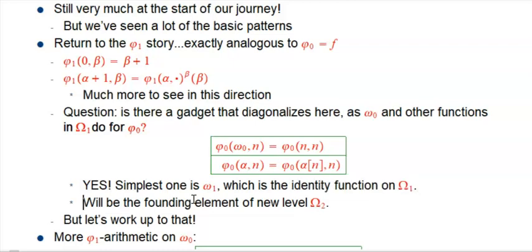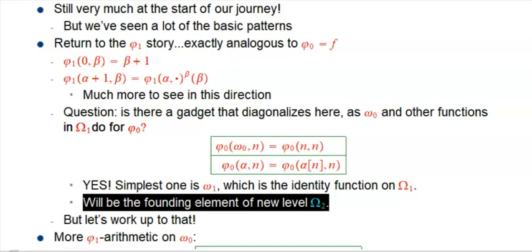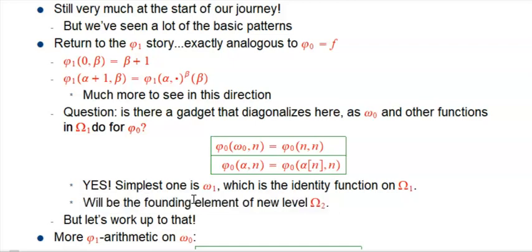It turns out that's going to be the founding element of a new level of gadget called big omega 2. I wanted to recognize that, in case people are wondering, oh, is that the next thing? It's coming, and it'll be a big, big deal. But we still want to work up to that, because as soon as we start using this in any significant way, it's going to refer down to a lot of very, very powerful stuff.